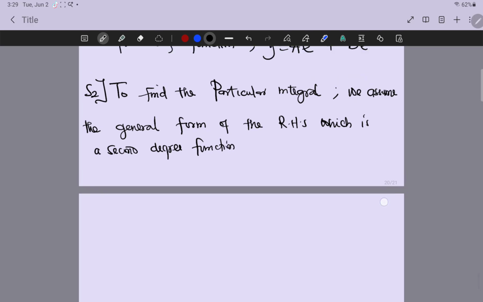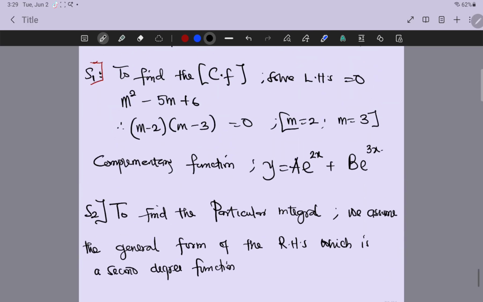There's a reason why I'm writing these things down, so that when you are reading, you understand what is happening. Is that clear? So let's do that quickly.